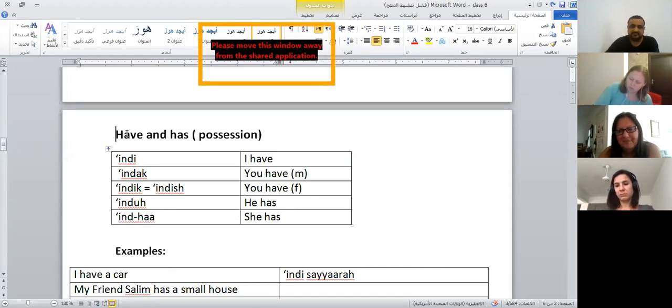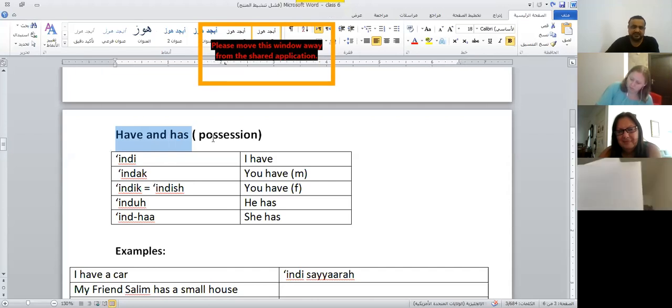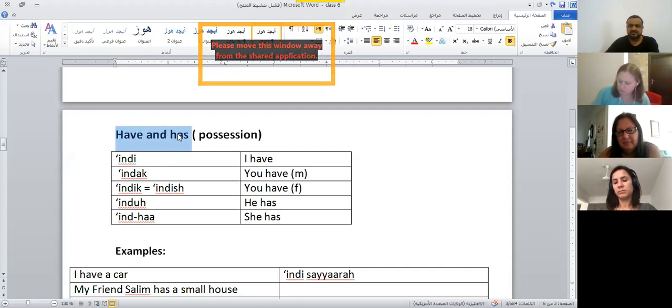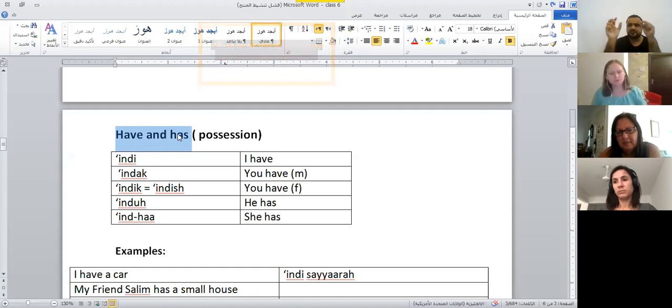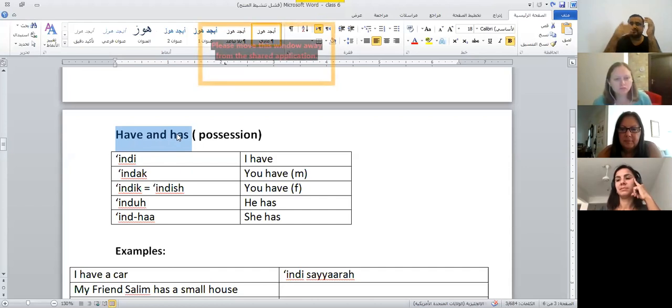I have another important grammar point, which is "have" and "has." This is the possessive have and has. In English, this is very complicated. I honestly don't know if there is a single translation for the word have or has, because it can be present perfect, it can be to eat or drink, or to possess.